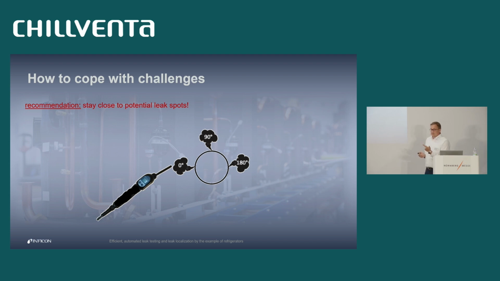Scenario number two is the leak is facing 90 degrees away from the sniffer tip. Scenario number three, the leak is facing 180 degrees. It's on the opposite side of your sniffer tip. And we did some measurements.